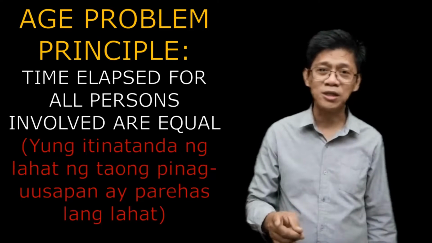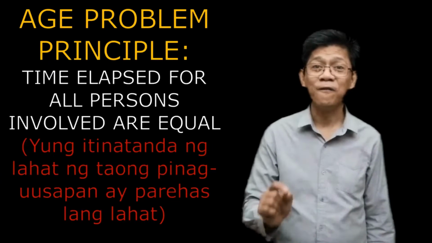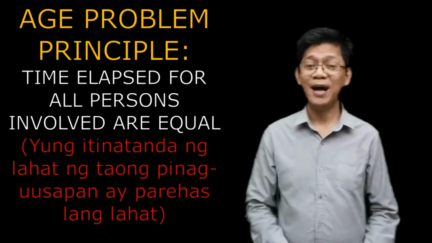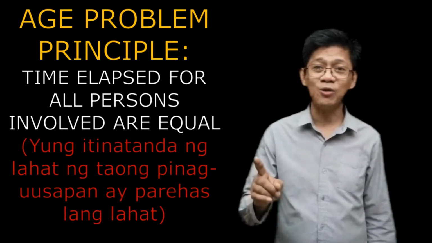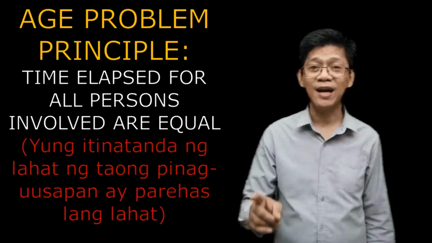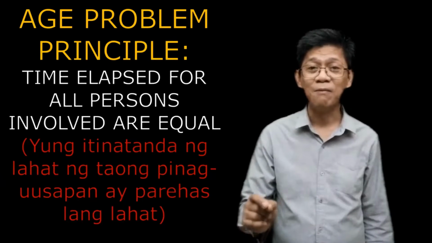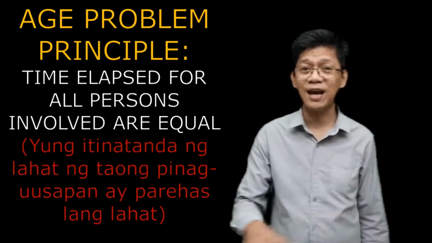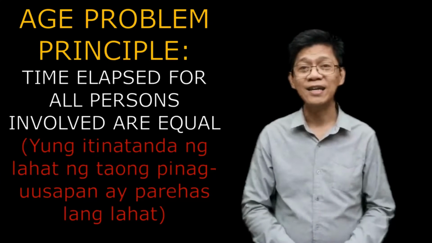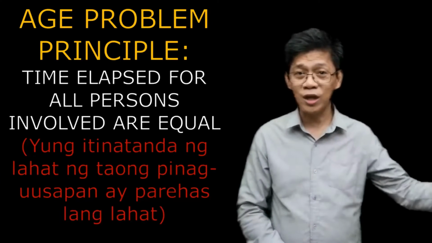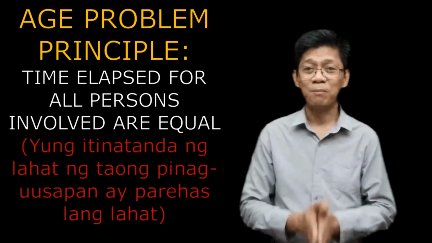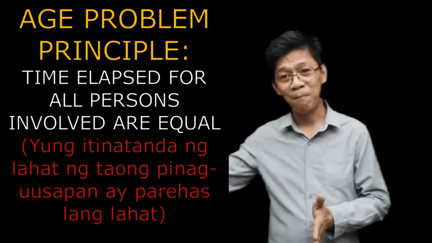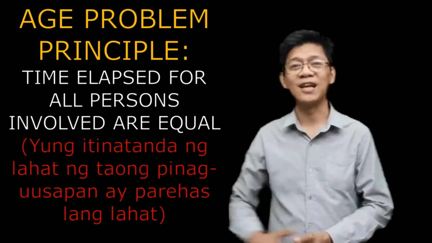Pero sa board exam, wala kayong makikitang face problem, di ba? Ang meron, age problem. Pagdating sa age, kahit anong mangyari sa mukha, ang itatanda ng age, parehas lang. Future age minus present age ng lahat ng tao, parehas. Present age minus past age, parehas lang lahat.